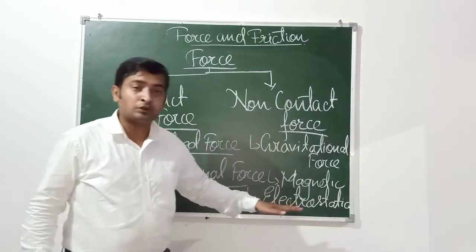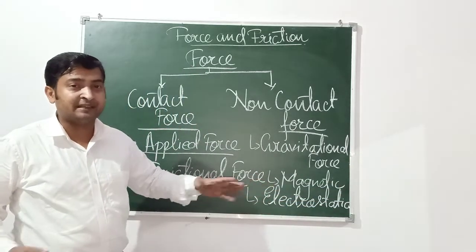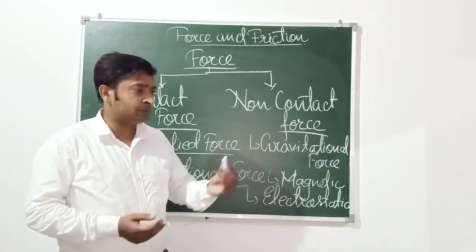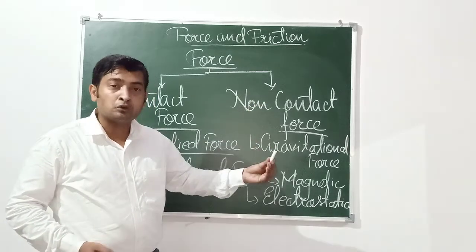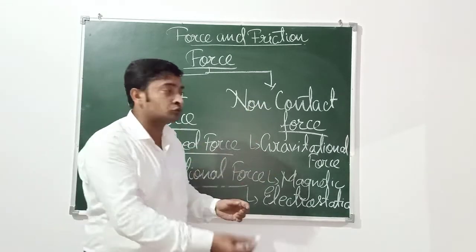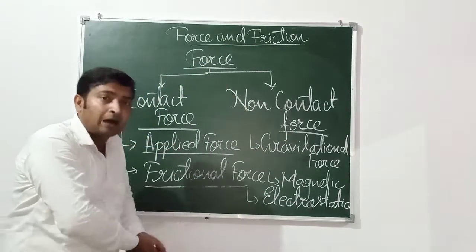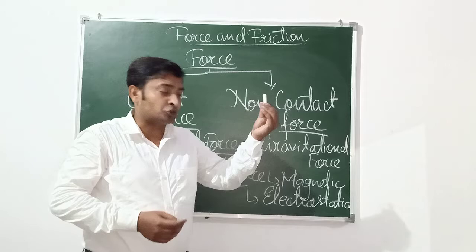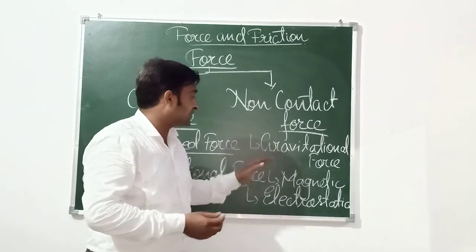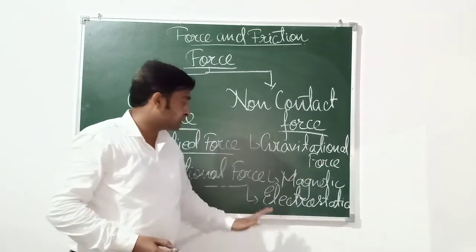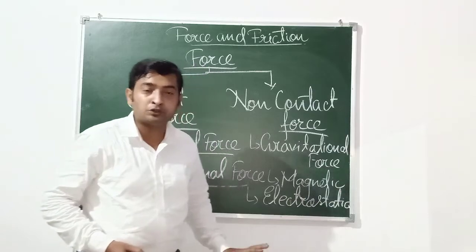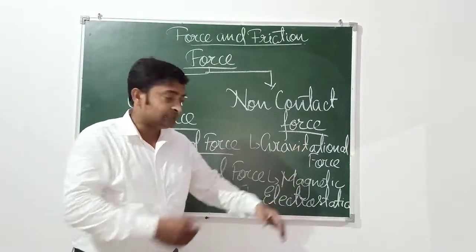So these are the forces where there is no need of having any contact. What is the contact between this chalk and the earth? No contact, but still whenever I used to throw this chalk upward, it always used to come down. There is no contact between the chalk and the earth, but still the gravitational force is working. Okay, likewise the magnetic force used to work from a distance.